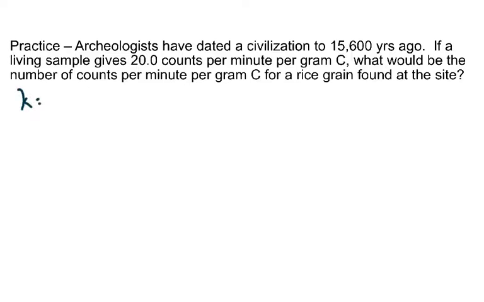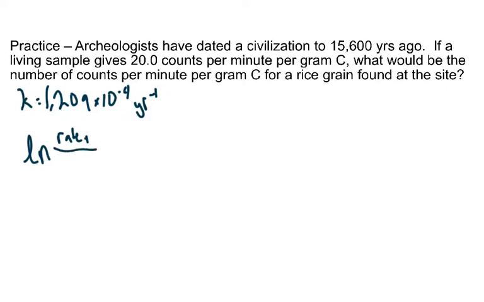So my k value for carbon-14 is 1.209 times 10 to the minus fourth per year. And I know that the natural log of my rate at my time over my rate initially is equal to minus kt. That's from the integrated rate law.